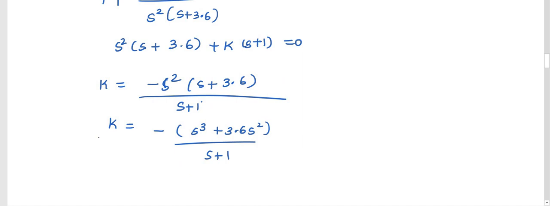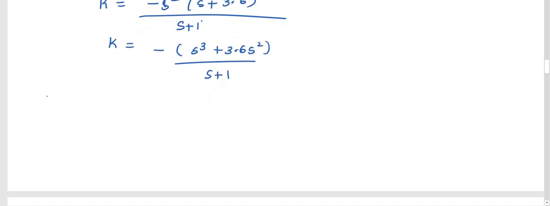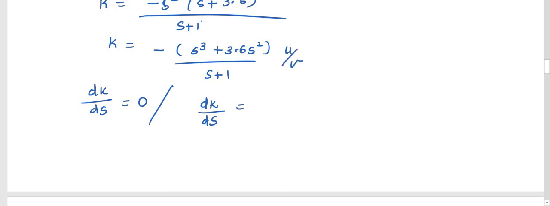Next find dk by ds. Differentiate k with respect to s, and equate it to 0. Then only we get the breakaway point. Here I have to use the u by v method, that is (v du minus u dv) divided by v square.